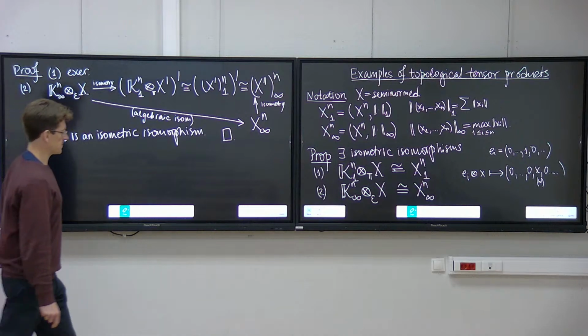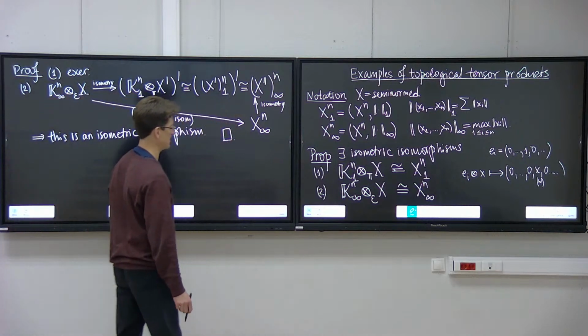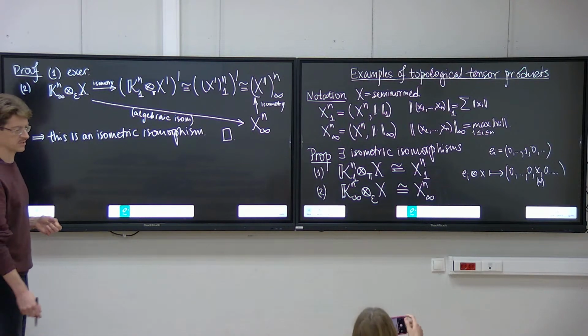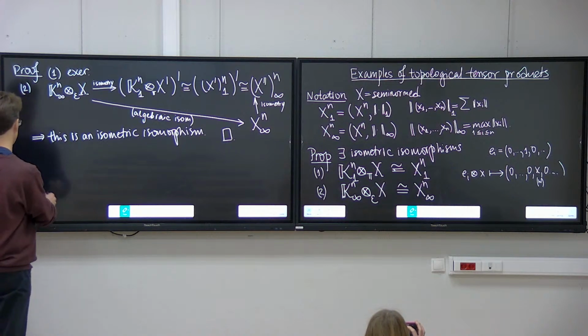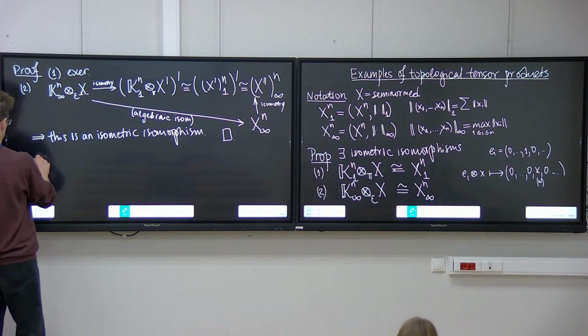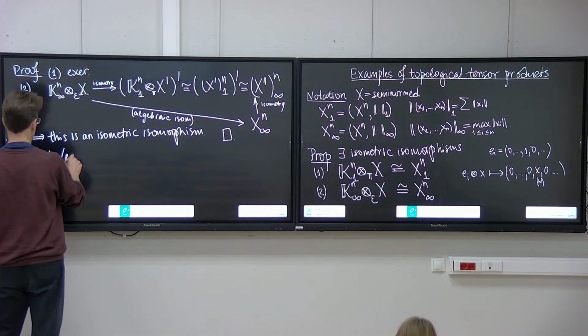Now by using this proposition, we can easily construct many examples in which the projective tensor seminorm is strictly bigger than the injective tensor seminorm. This is an example and an exercise at the same time.